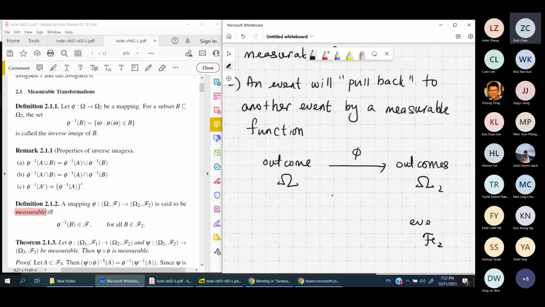That means you have any events here, and it will pull back to another event over here. So it will push all the outcomes to one outcome here, but it will pull back an event over here and back to an event here. That is how you can interpret what I mean by a measurable function. Mathematically, it will be like this: for all events B in F2, the inverse image of B will be another event in F1. That is the way.